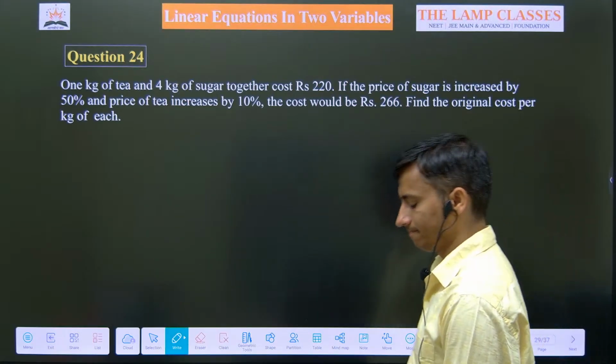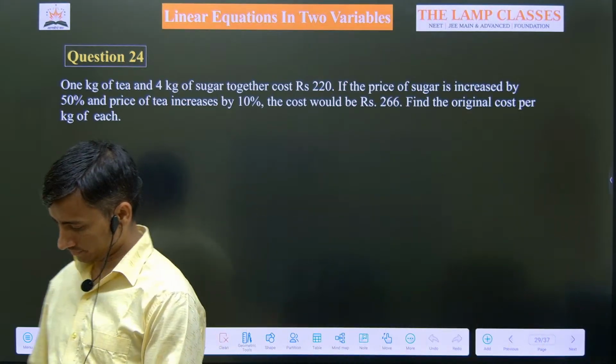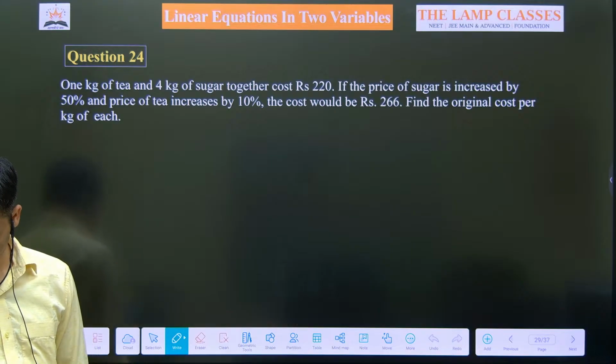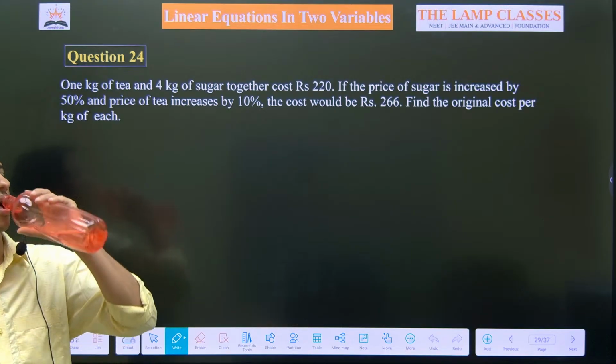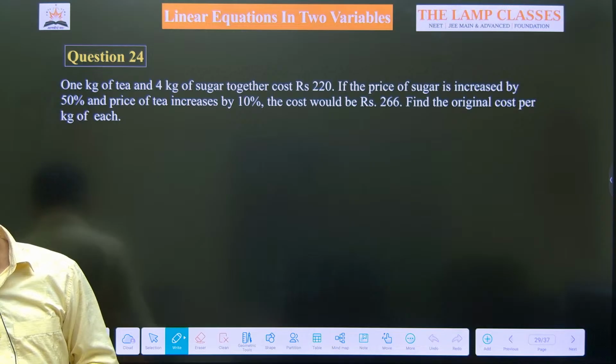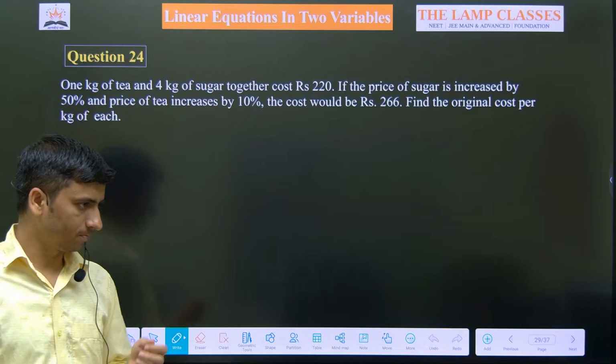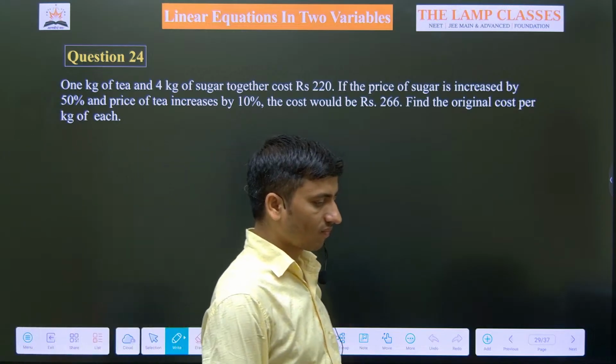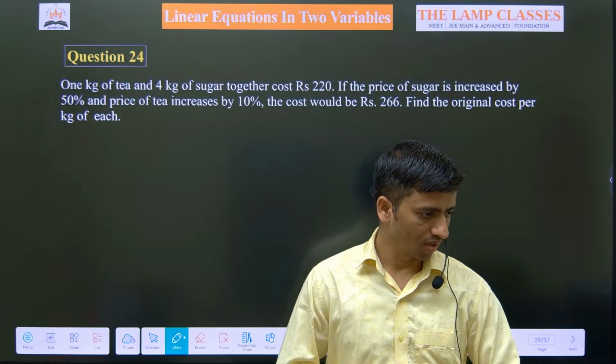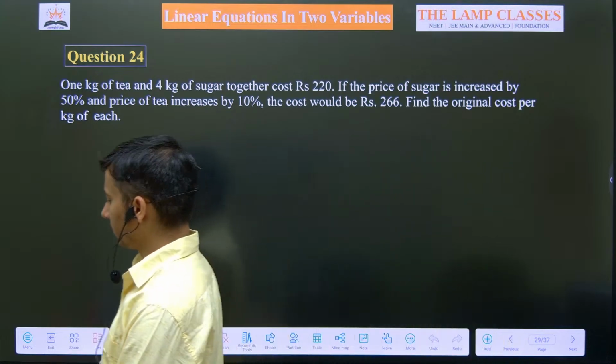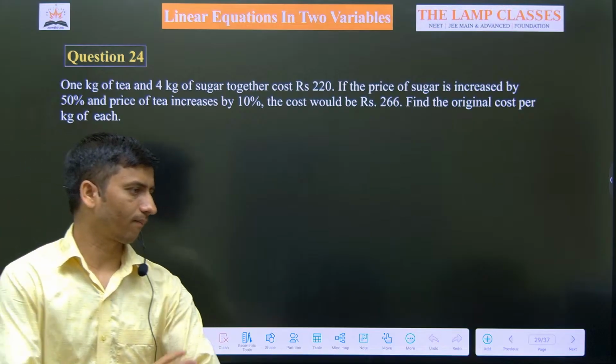Let's finish this one. Did we get x is 3 and y is 1 in the previous question now, guys? All of us?